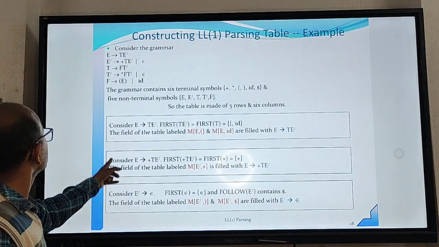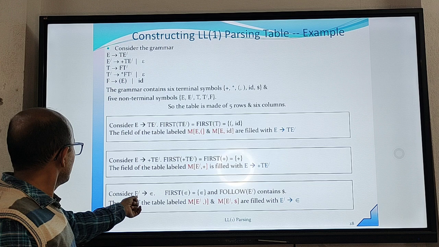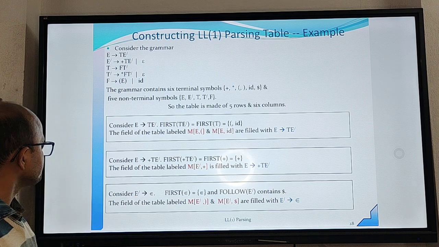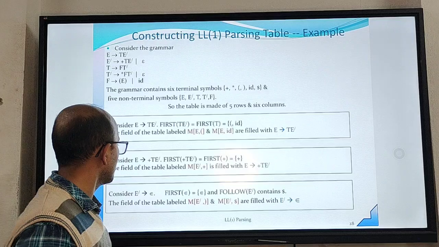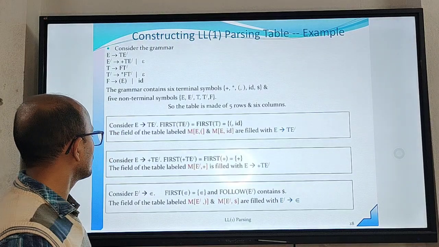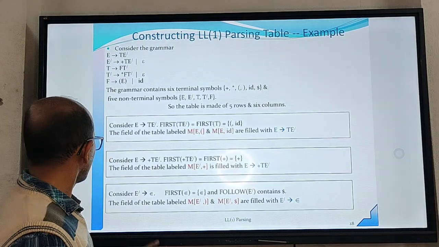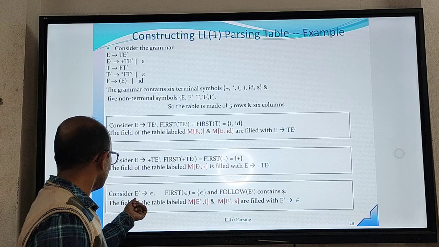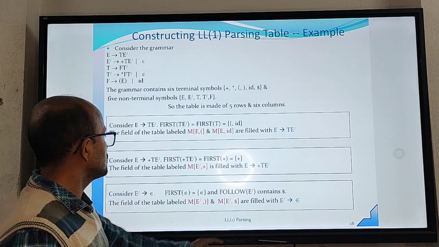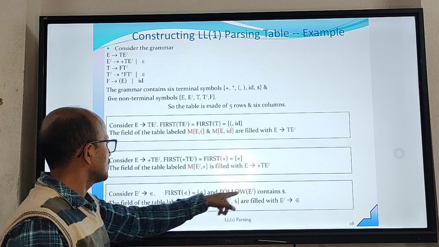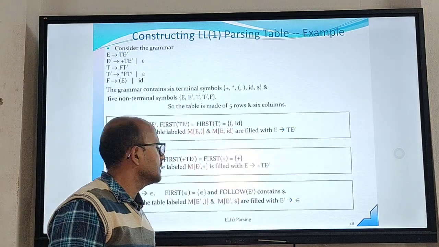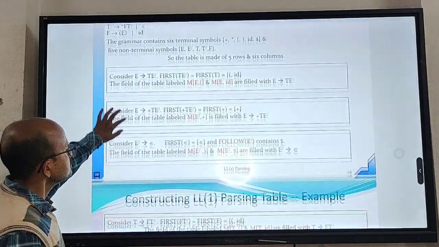In this way, let us consider the rule E prime produces epsilon. We know that first of right hand side is the epsilon, but it will not be entered into an epsilon column. There is no epsilon column in the parsing table. So for that rule, we have to calculate the follow of E prime, which contains the dollar. This means in the E prime row and the dollar column, we have to include E prime produces epsilon.